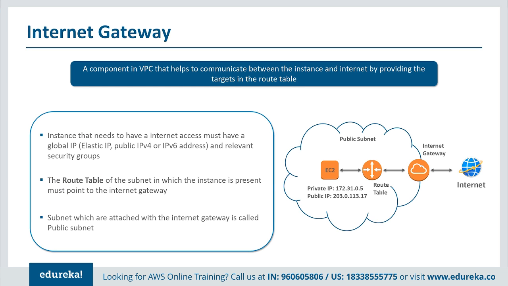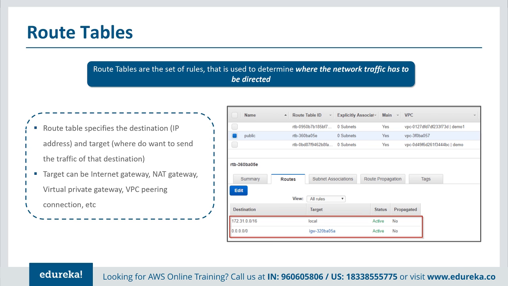In this case, your instance has a private IP address and a public IP address. This is more of a direct one-to-one mapping. So the request from this EC2 service to the outside world would actually be seen from this IP address, which is 203.0.113.17.